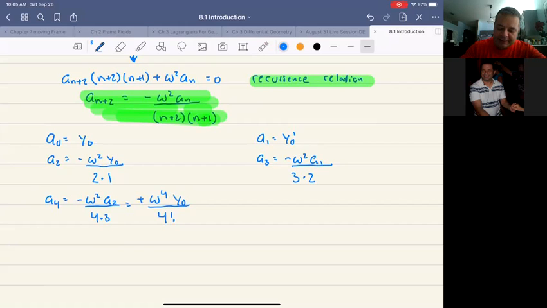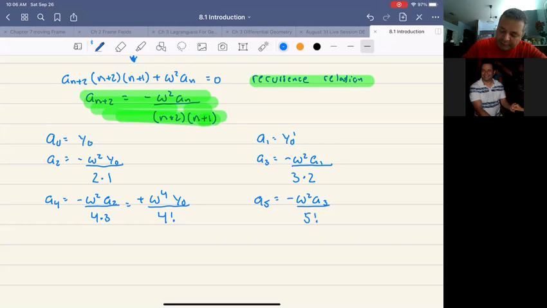Okay, a sub 5 is negative omega squared a sub 3 divided by, now remember, 5 means n equals 3, so that's going to be 5 times 4.